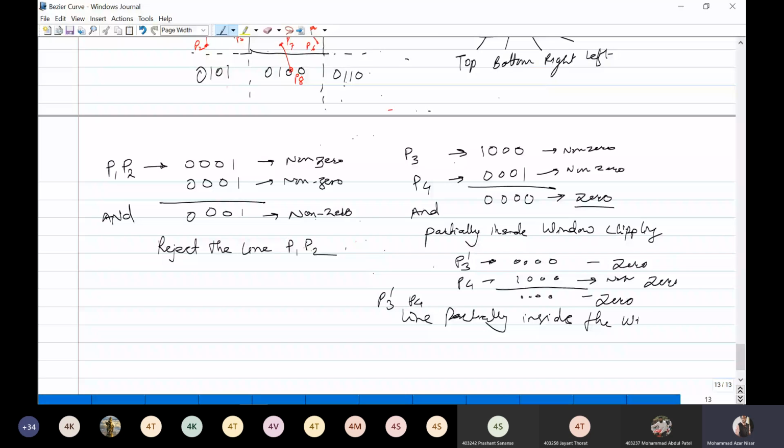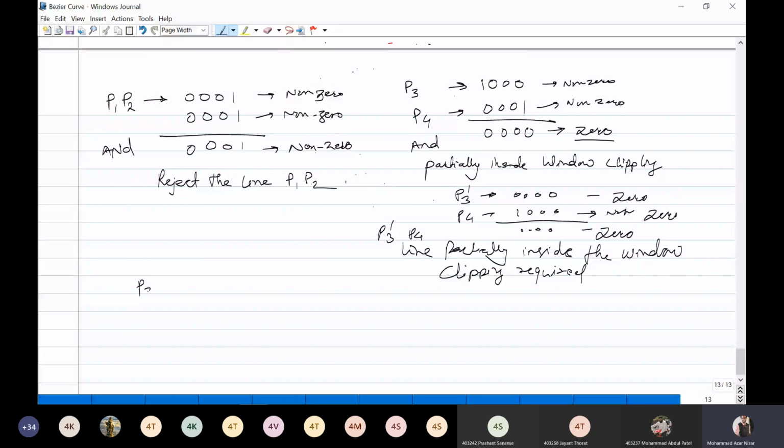So clipping is required. Again, you have to use P3 dash and P4 dash.